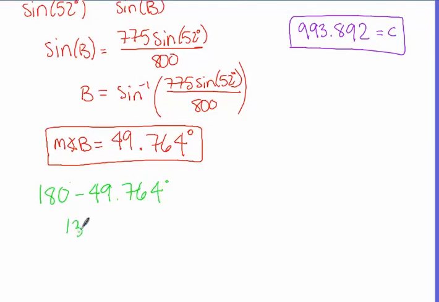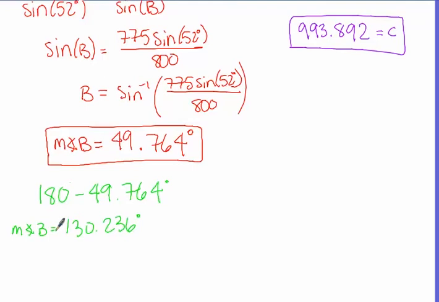We get 130.236 degrees. So this possible second case would have angle B be 130 some degrees.